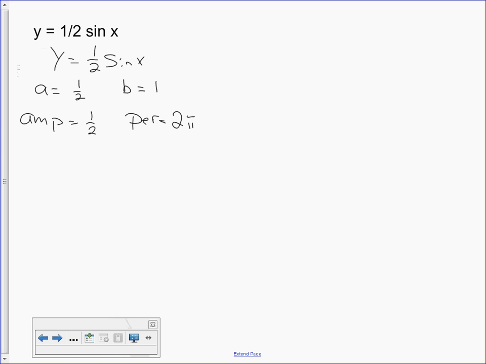Now, I'm not messing with you guys yet about shifting your periods around. I'm just keeping it easy, showing you how it works with the amplitudes to start with. So, you make your little chart. You start at 0. You end at your period. You break it up.